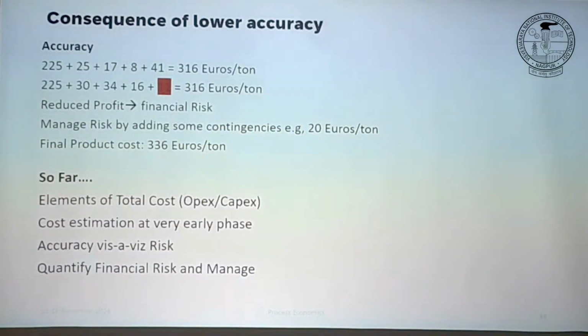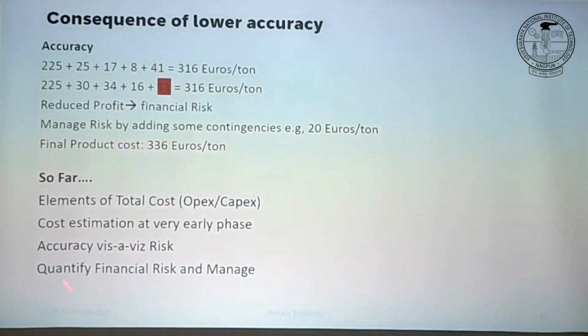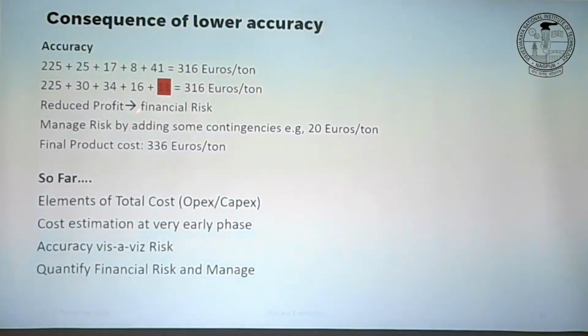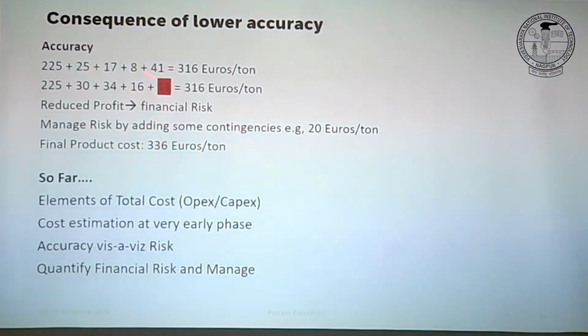And in the last few minutes, I also explained how you do not have enough definition or detail in the early stages, so you cannot make a good estimation. But you understand your financial risk. You understand if I have plus minus 100% accuracy, I have this risk of having only 3%. So you quantify your risk, you understand your risk, and you properly manage by already adding some margins here.